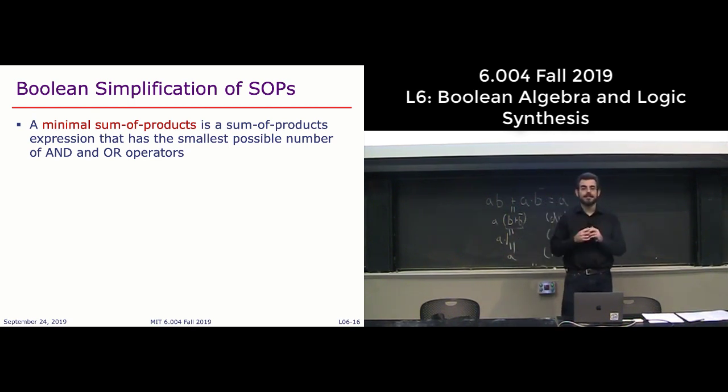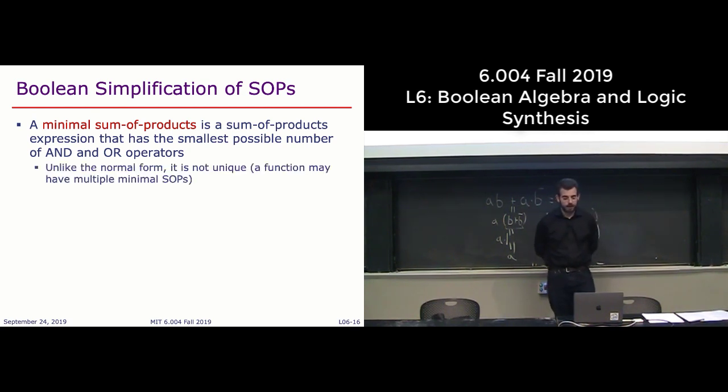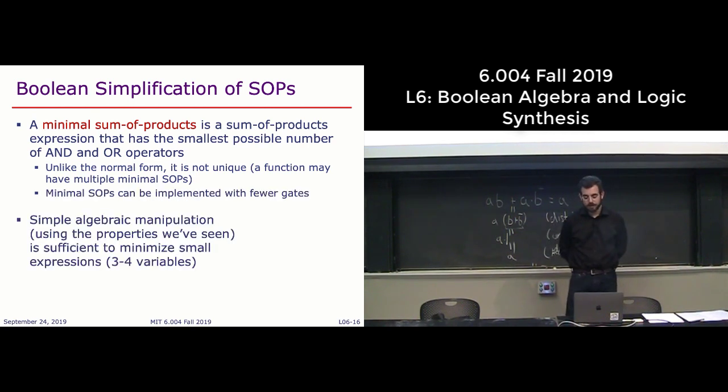And in this case, NOT operations are free. We'll see why they're free when we start looking at the implementation of these gates. These gates are generally, in current technology at least, inverting. So there can be multiple solutions for a minimal sum of products expression. So you can arrive at different answers. And the way to do this is essentially with simple algebraic manipulation.